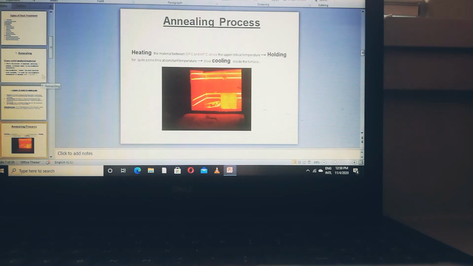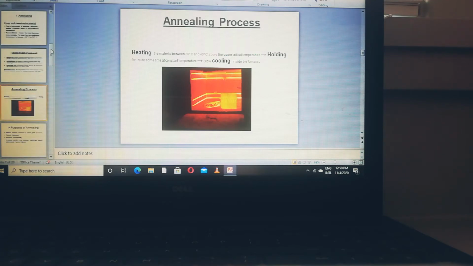Here the heat treatment undergoes 3 stages, as we have discussed before: the heating process, the holding stage, and the cooling stage.